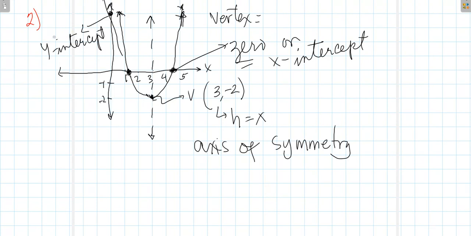Okay, so we have another example on transforming or converting. Number 2: y is equal to 6x squared minus 7x minus 3. So how are we going to convert this to the vertex form?